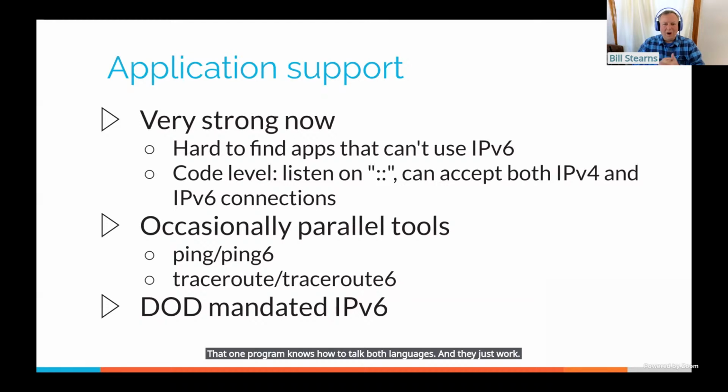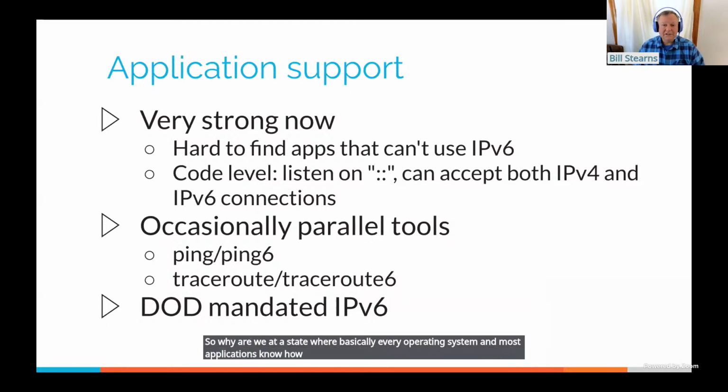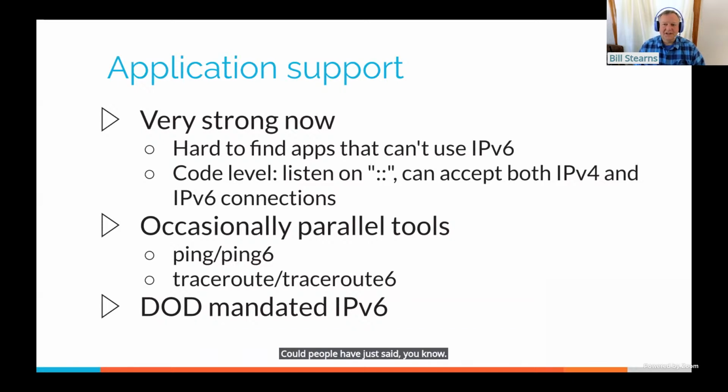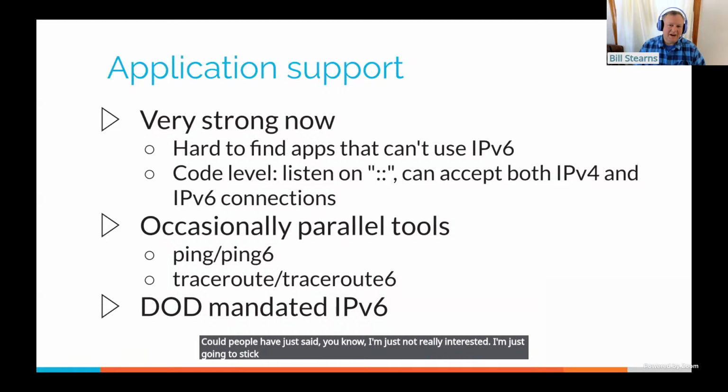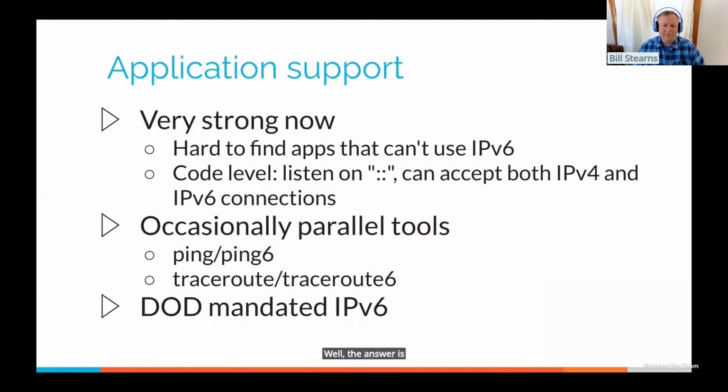So why are we at a state where basically every operating system and most applications know how to talk IPv6? Could people have just said, I'm just not really interested, I'm just going to stick with IPv4 because it kind of works for me? Well, the answer is partly because the U.S. Department of Defense made a mandate that said we need all devices to support IP version 4 and IP version 6.